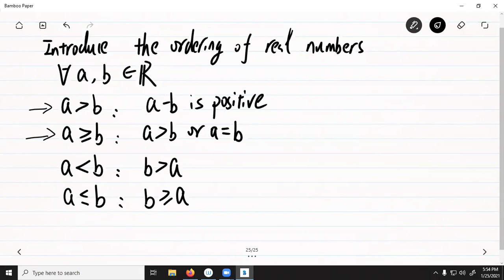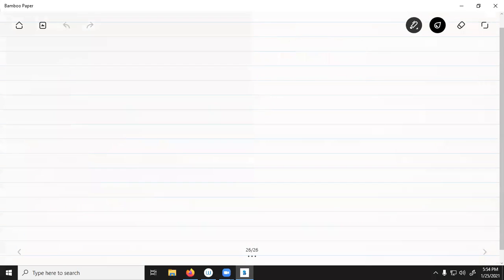Then we use these two to define the third one and the fourth one. A less than B means B greater than A. So now we have several properties we want to show.